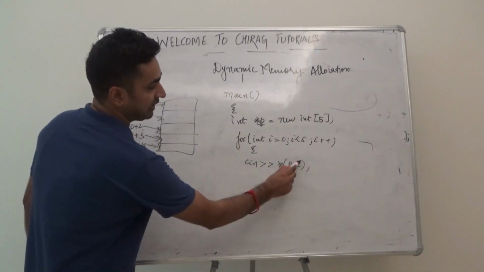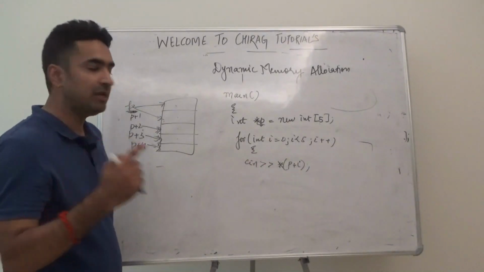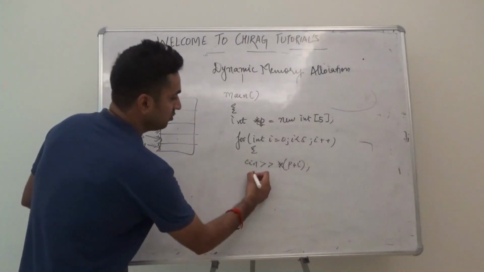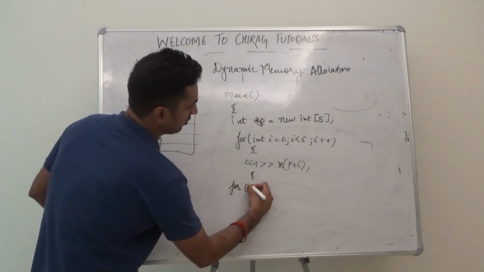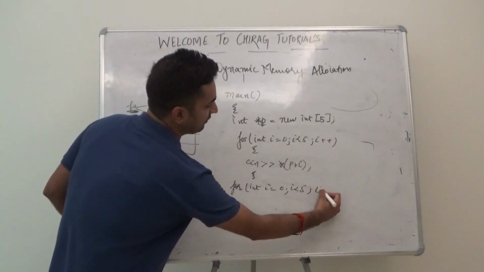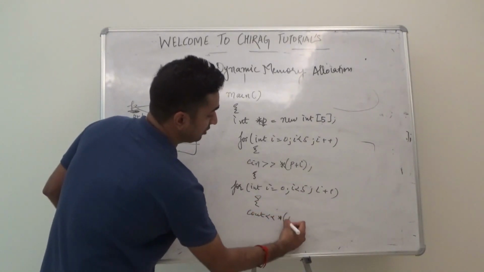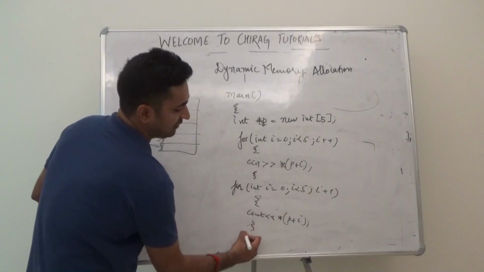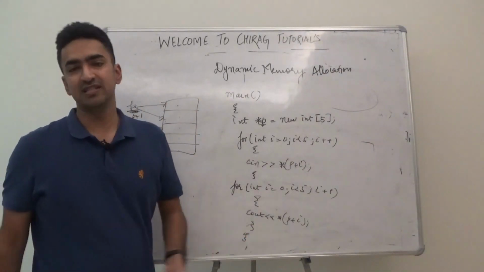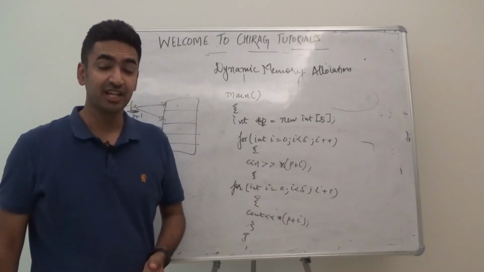Similarly, we are taking the values of star of p plus i, where p plus 0 is p only, pointing to the very first value. And similarly we can display those values using i less than 5, i plus plus. So if we desire 5 integers, we are using exactly 5 integers. This is the concept of dynamic memory allocation.